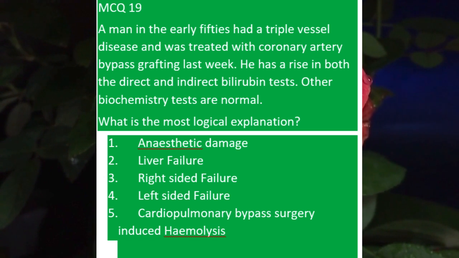Anesthetic-induced damage is incorrect. In a patient with no underlying liver disease, which we have no evidence of, anesthesia is unlikely to cause an increase in bilirubin levels alone. Liver failure is incorrect. Shock liver syndrome is also known as ischemic hepatitis and is due to acute hypoperfusion leading to diffuse hepatic injury.